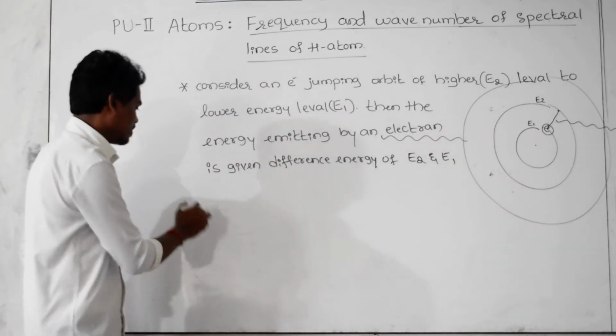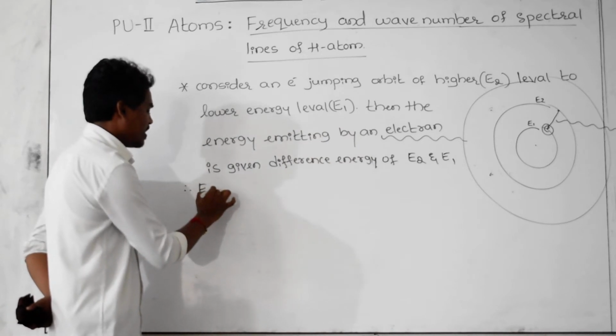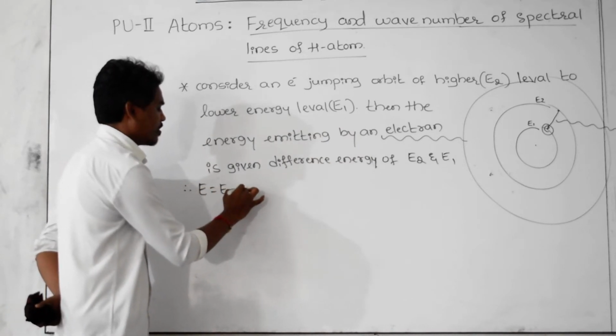That can be given by, therefore, E is equal to E2 minus E1.